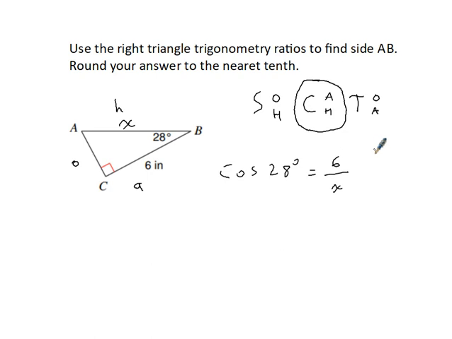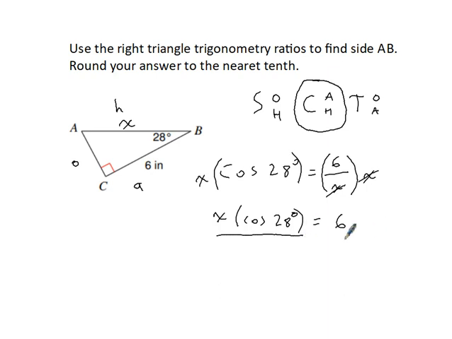To solve for x, we need to get it out of the denominator, and we're going to do that by multiplying both sides by x, which gives us x times the cosine of 28 degrees, which equals 6. Now, divide both sides by cosine 28 degrees to get x isolated.